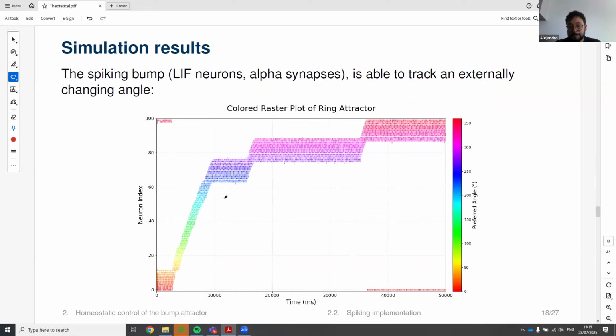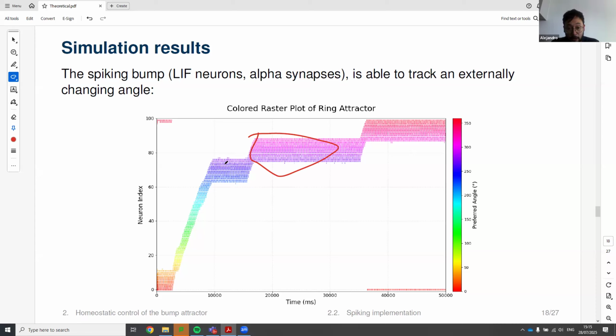In this case, we are inputting a time varying continuous input to the homeostatic neurons, and then you see that the network essentially has these periods of stopping moving when it reaches the balance, and if it moves again, then it tracks the external input.